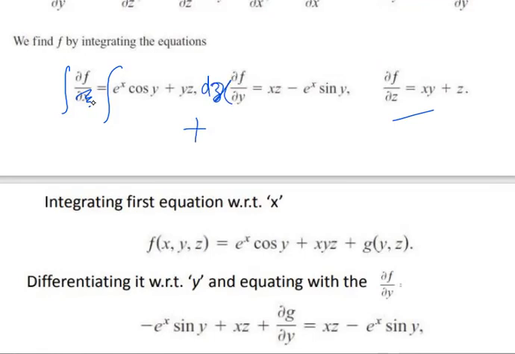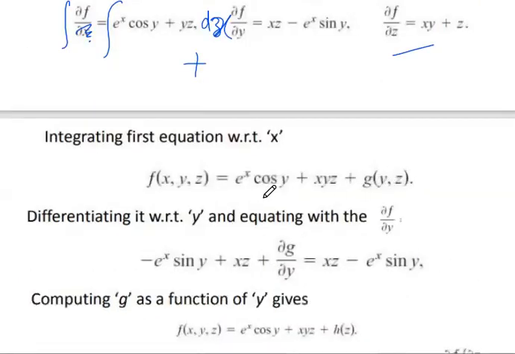This time, because this is partial, here we get an arbitrary function g. So that function depends on other variables. Here we integrate with respect to x, so other variables are y and z, right? When you integrate this, you get this. Yeah, all right. So you have this.